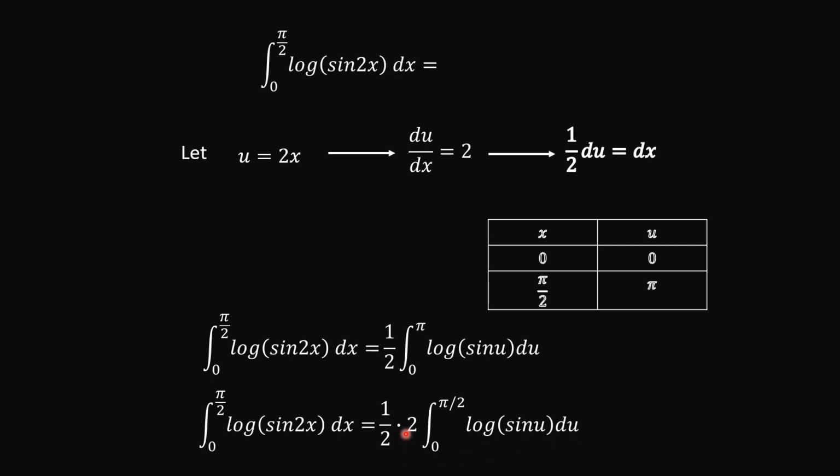So the half and 2 there cancel out. So essentially the integral of log of sine 2x from 0 to pi over 2 is the same as the integral of log of sine u from 0 to pi over 2, which is interesting.